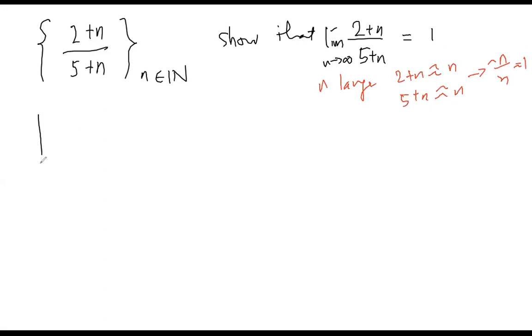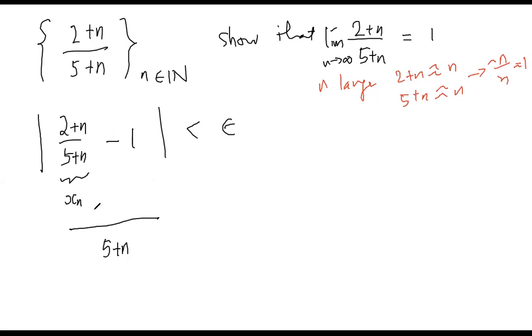Formally, we want to have 2 plus n over 5 plus n. This is my xn. I want to find its distance from the limit, which is 1, and bound it within epsilon. So here you can simplify the left-hand side. You will get 2 plus n minus 5 plus n, over 5 plus n.